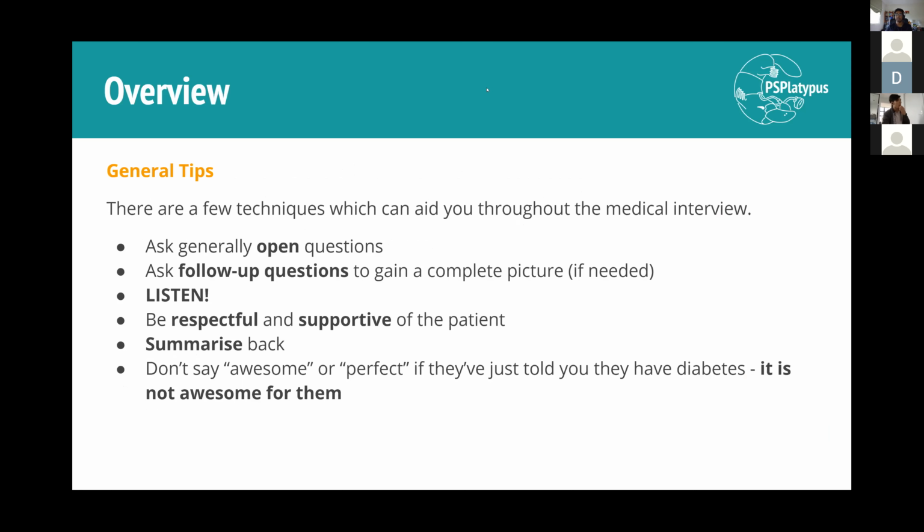So these are some general tips that apply at any point in the medical interview, more or less. You want to ask open questions because you want to encourage the patient to volunteer any information which might be necessary.